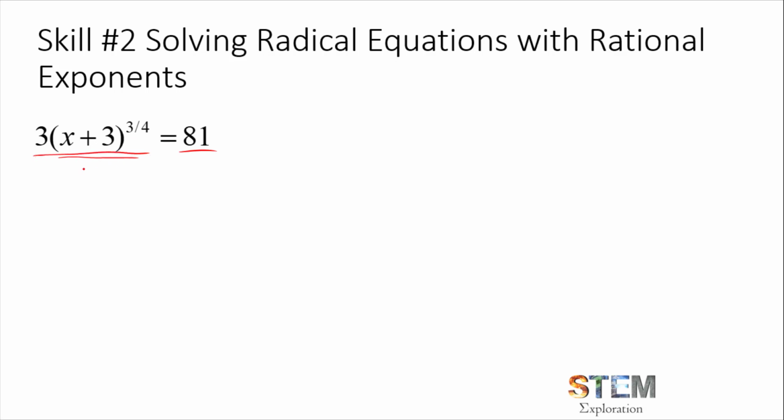That's pretty easy to do. If I divide both sides by 3, the 3's cancel, and 81 divided by 3 is 27. Then we get x plus 3 to the 3/4 power is equal to 27.